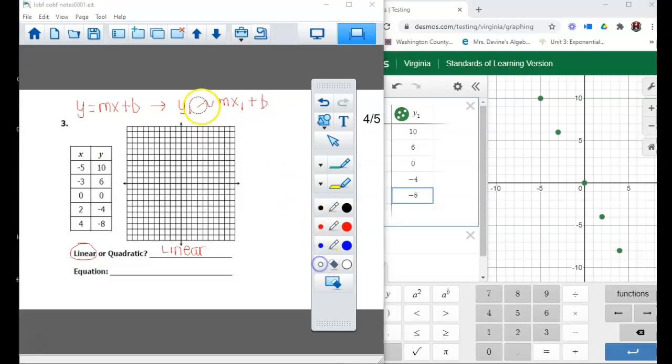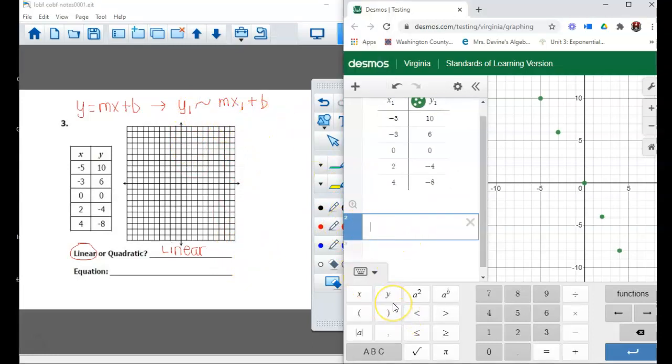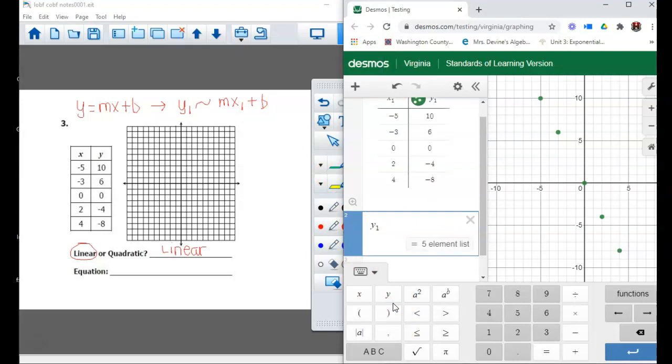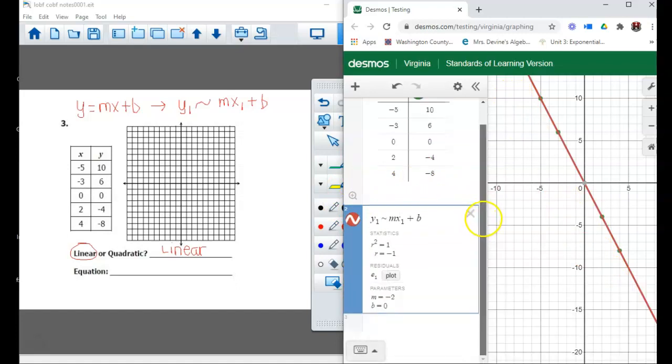See if I can clean that up a little. y1 squiggle, that's a little better, mx1 plus b. So that's what we're going to type in over here. So y1 squiggle mx1 plus b. And notice it draws the line and shows me that it fits.